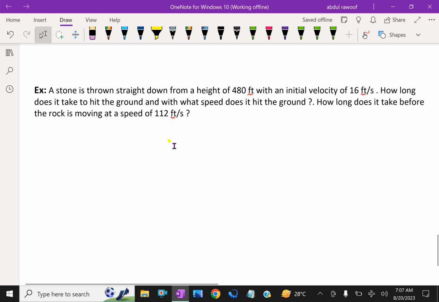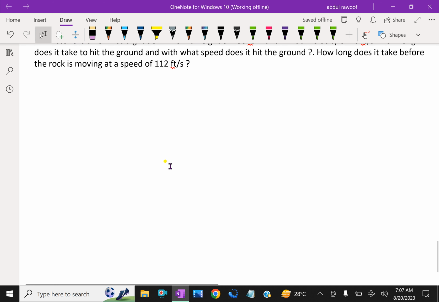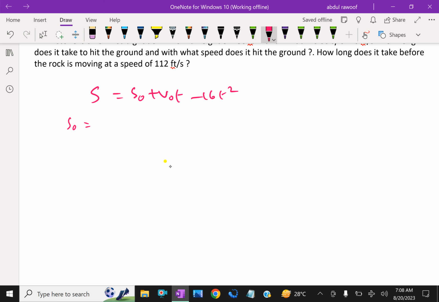Here, the height s is given by s equals s0 plus v0 t minus 16 t square. This is a motion equation where s0 is 480 feet and v0 equals minus 16.